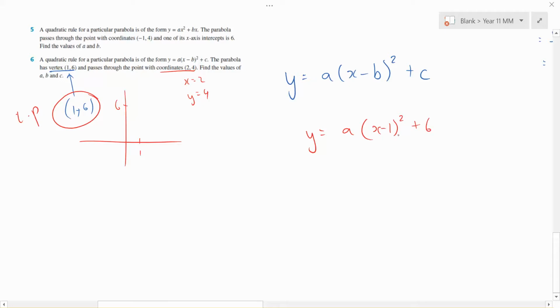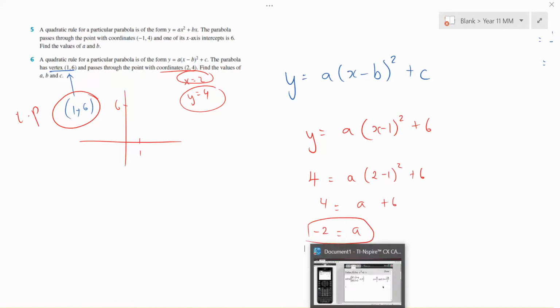Reading from exercise 3D, this implies right by 1 and up by 6. And now how do you find a? Same thing again. They told you when x equals 2, y equals 4, so you just substitute in 4. This is a, x is 2, so a(2 minus 1) squared plus 6. And 2 minus 1 is 1, 1 squared, so that's a plus 6 equals 4. Minus 6 on both sides, so a has to equal negative 2.